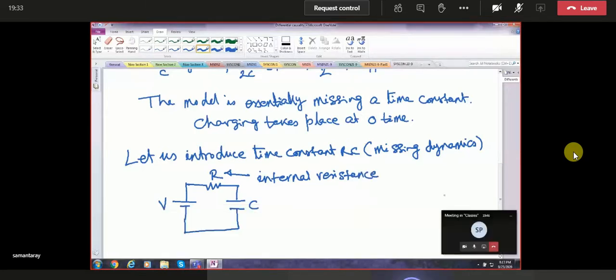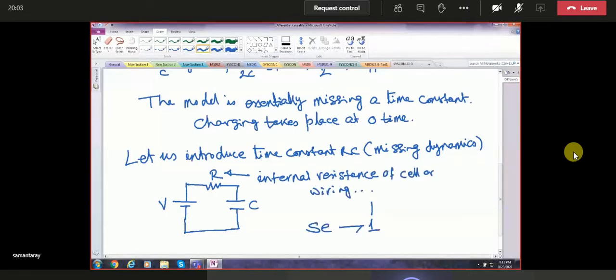Introduce the internal resistance of the cell as R. So in that case, our model gets modified to now have a 1, R, C. This R is responsible for heat generation during charging.